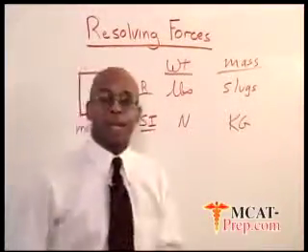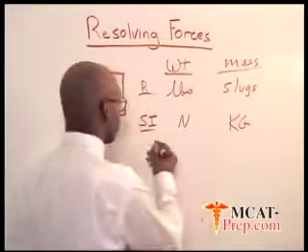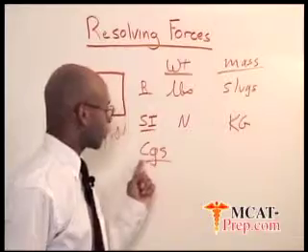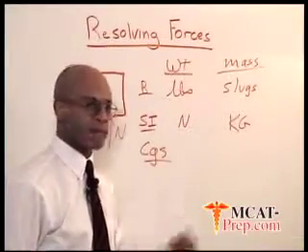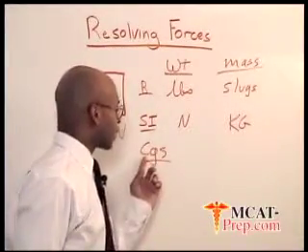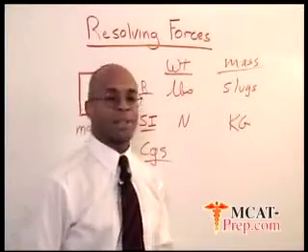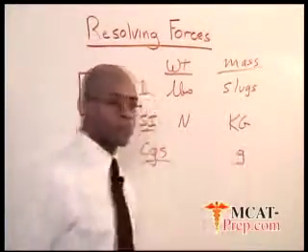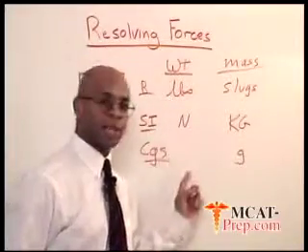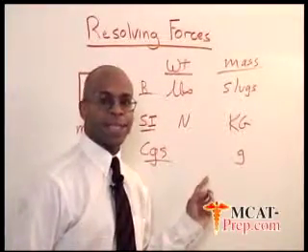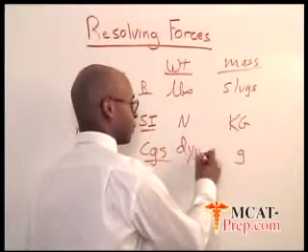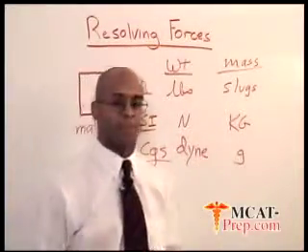There is one other system of units that you must know, which is the CGS system of units, which stands for centimeter, gram, and second. So clearly, in the centimeter, gram, and second system, the unit of mass must be grams, and the unit of weight or force is a dyne, D-Y-N-E.